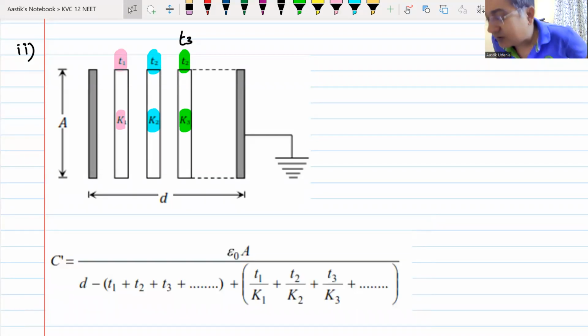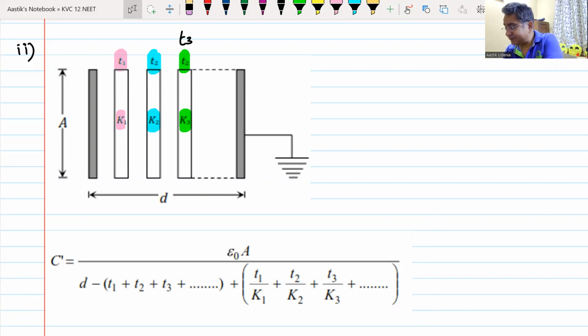When there was one plate, it was D minus T. When there are more than one plate, it is D minus, in bracket, T1 plus T2 plus T3 and so on, plus T1 by K1 plus T2 by K2 plus T3 by K3 and so on. Do we understand this? Yes or no? Will you be able to remember this formula?